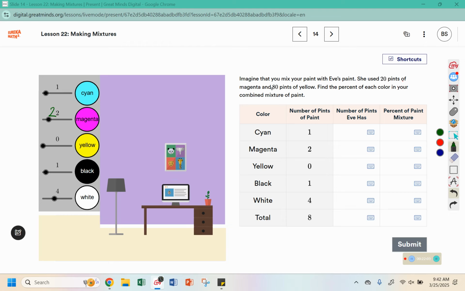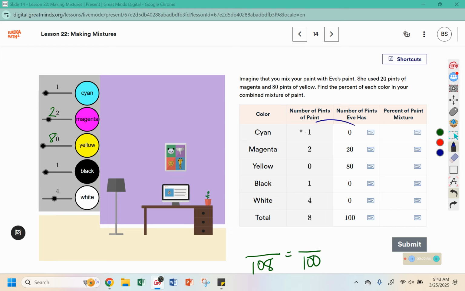And instead of 0 yellow, I have 80 yellow. So Eve had no cyan, 20 pints of magenta, 80 pints of yellow, 0 black, 0 white, but 100 pints total. So now instead of 8 pints as my total, I have 108 pints as my total.